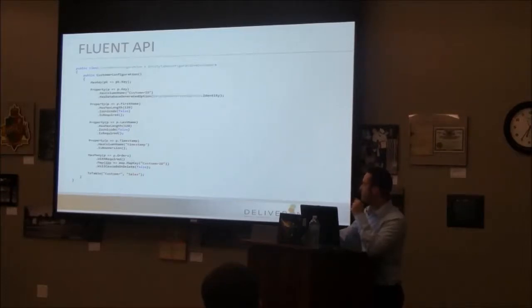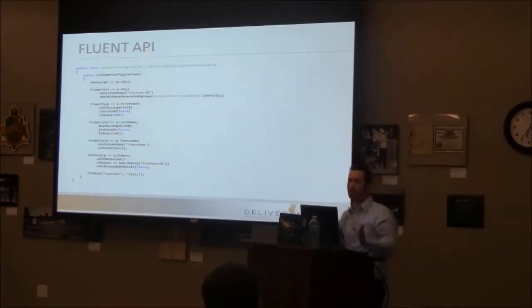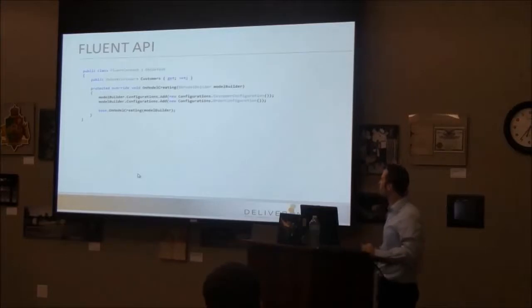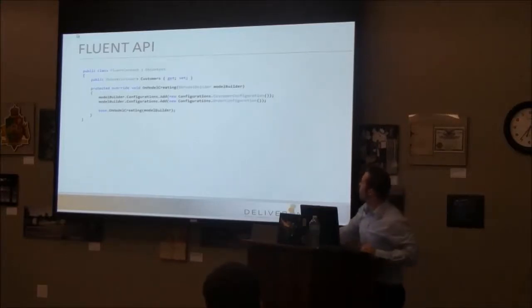So I'm saying that I want that key to be called CustomerID, because by default, it would treat it as Customer_CustomerID. And then I'm specifying finally that it will not cascade on delete. And then the table that I want, using ToTable, is Customer, with the sales schema. And this is basically what my database context looks like at this point.